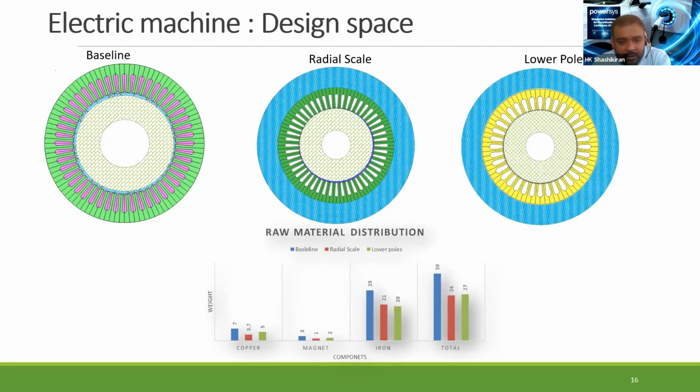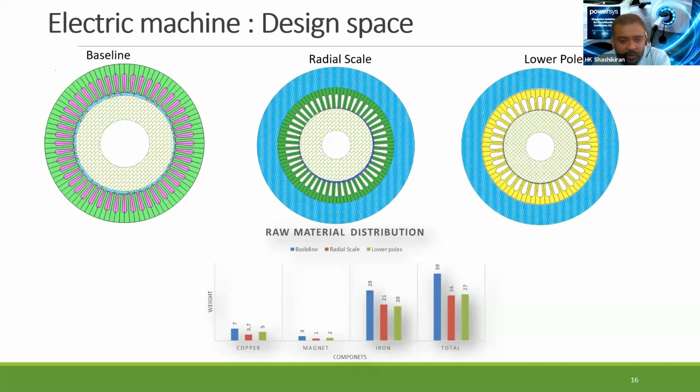If you look at the overall raw material weight distribution for all the different components, if you compare copper for the baseline, radial and lower poles, it has come down to maybe 4 to 5 kgs from 7 kgs. On the magnet side, we have reduced close to 50% of the magnet.